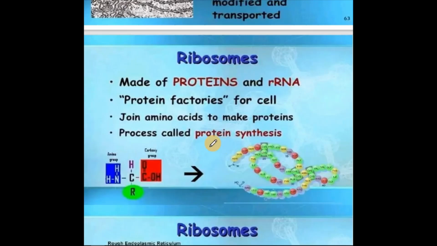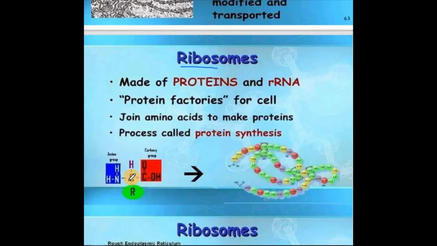Ribosomes join amino acids to make proteins during protein synthesis, or translation. So the ribosomes serve the function of just joining the amino acids stepwise, one by one. The amino acids are basically the smallest units of protein, the end product of protein digestion.